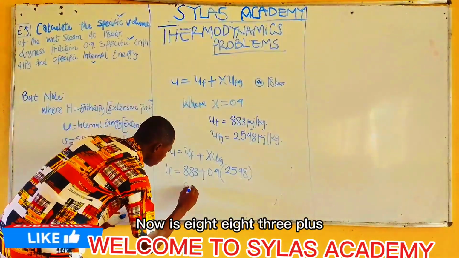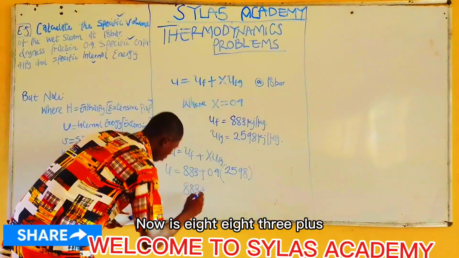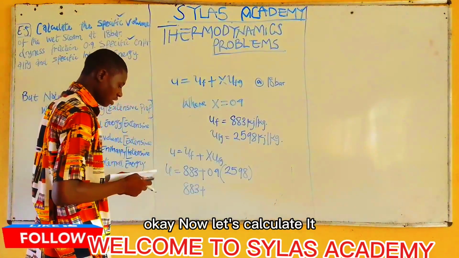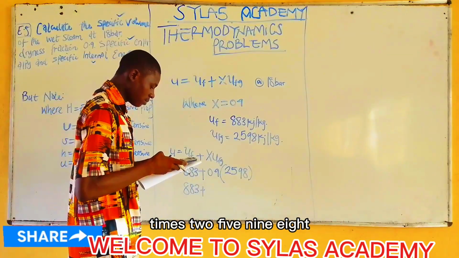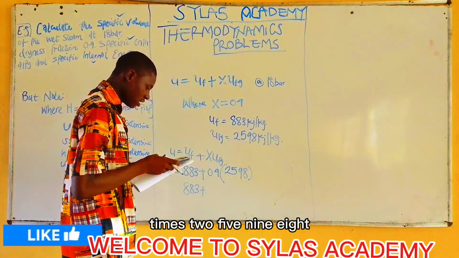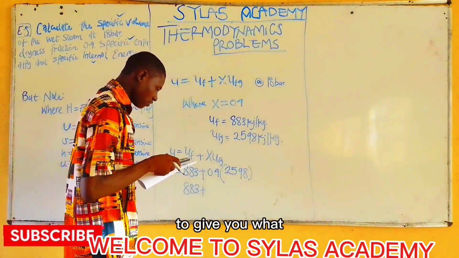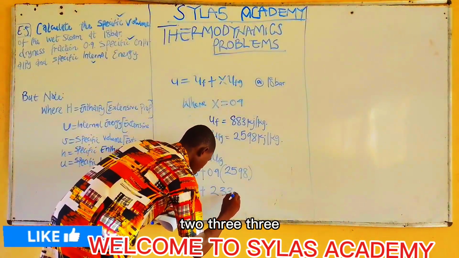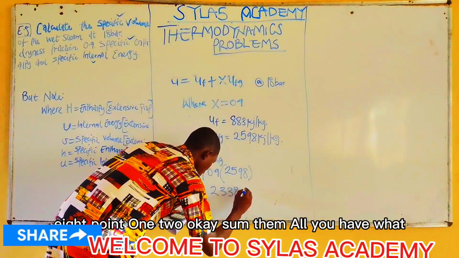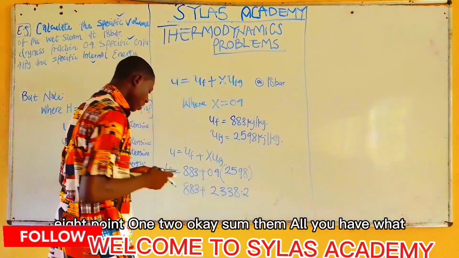Now it is 883 plus, okay, let's calculate it. 0.9 times 2598 gives you 2338.2. Okay, sum them all.